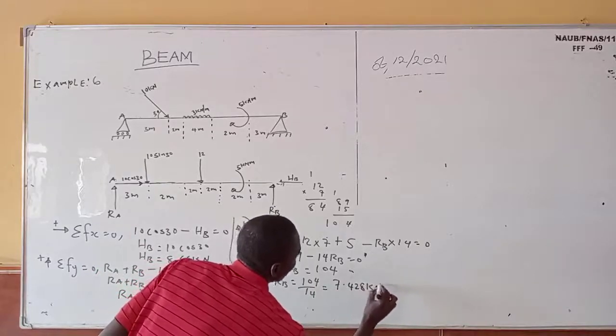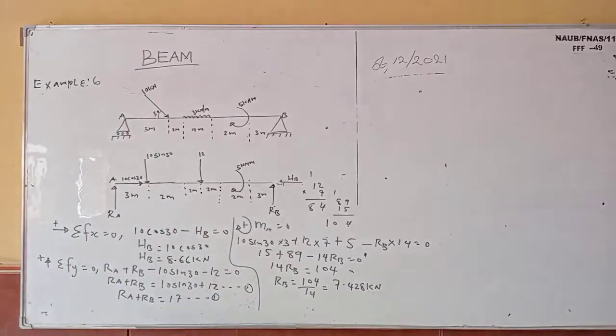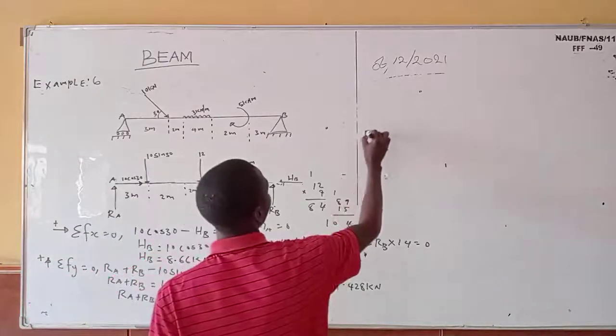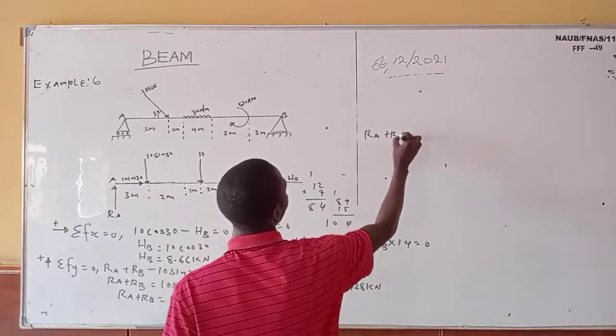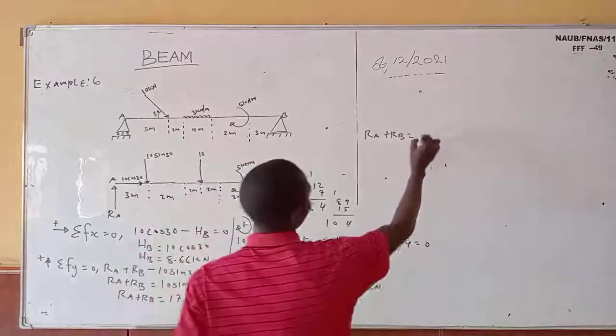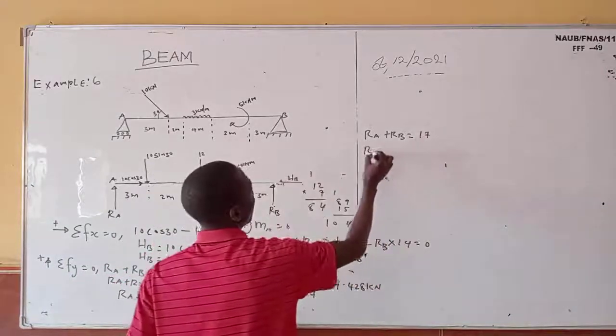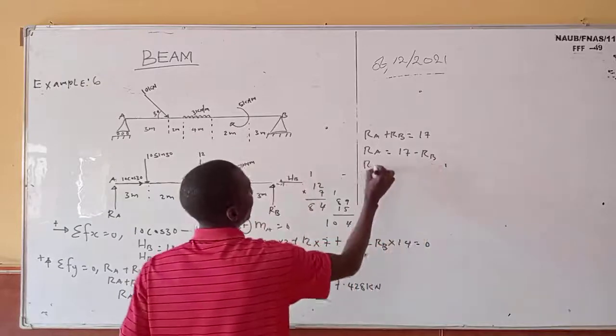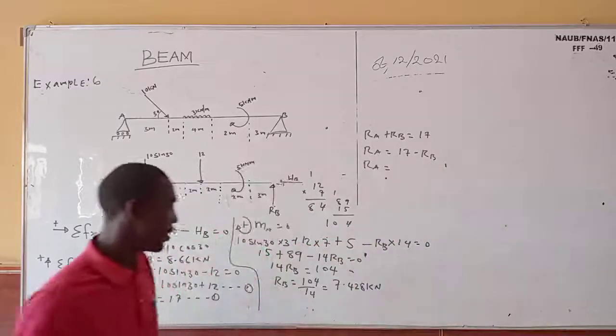7.428 kilonewton. So now can we get our RA? Yes, we can get our RA from equation 1. Our RA plus RB is equal to 17. So RA will be equal to 17 minus RB. What is RB?